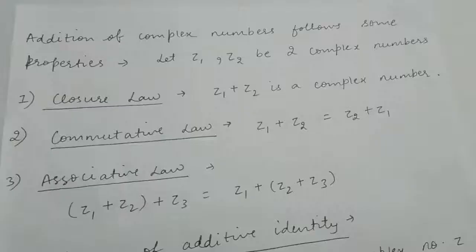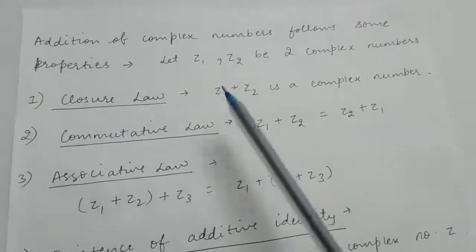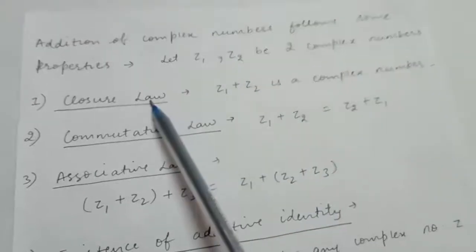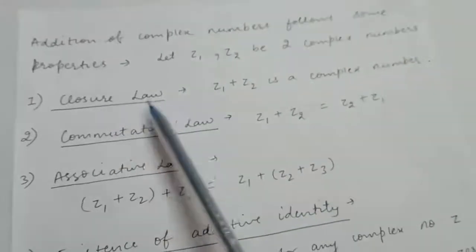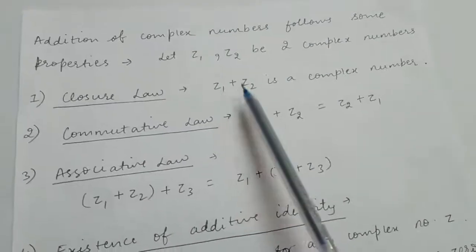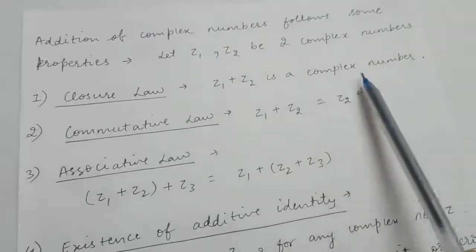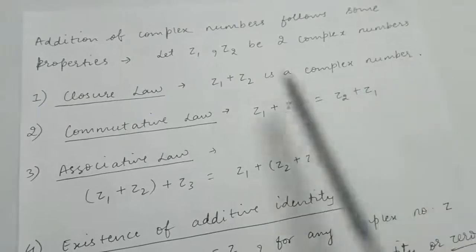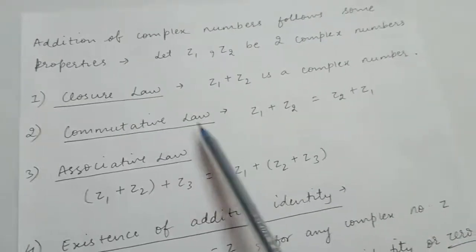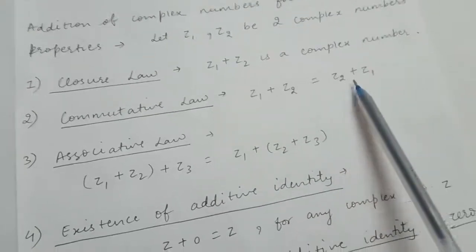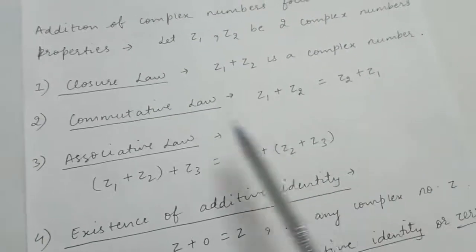Clear? Now addition of complex numbers follows some properties. Let z1 and z2 be two complex numbers. Then the first law is closure law, which says that the addition or sum of two complex numbers is a complex number, right? Commutative law says that z1 plus z2 is equal to z2 plus z1.